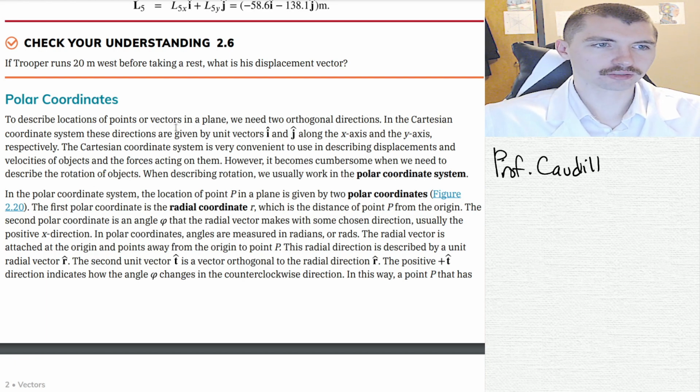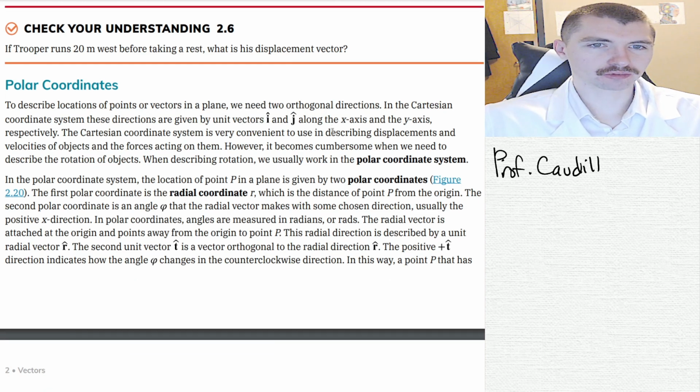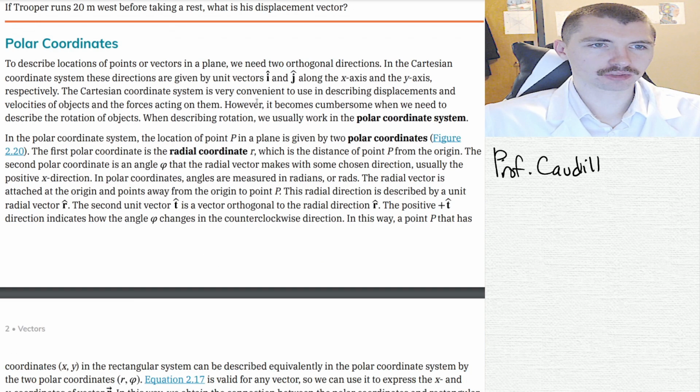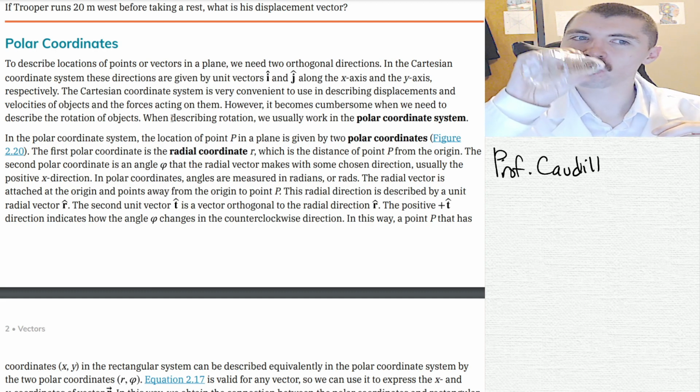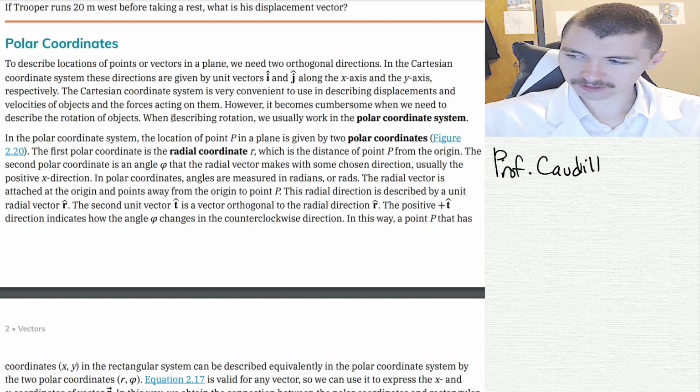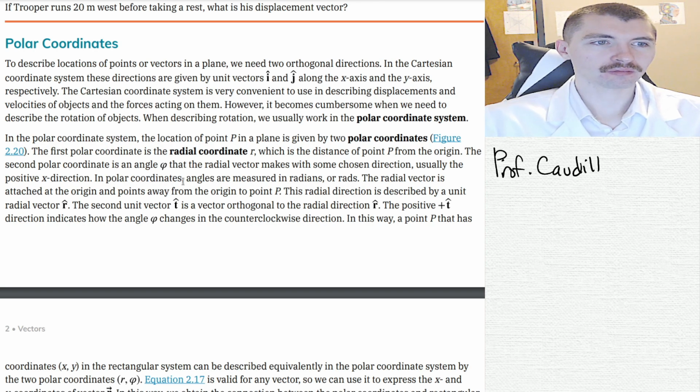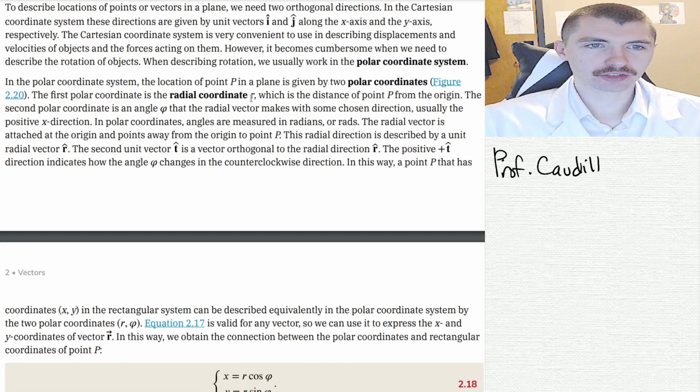Polar coordinates. It's kind of what we've been doing already. Cartesian is hard when we're describing the rotation. In coordinate location, a point P in a plane is given by two polar coordinates.